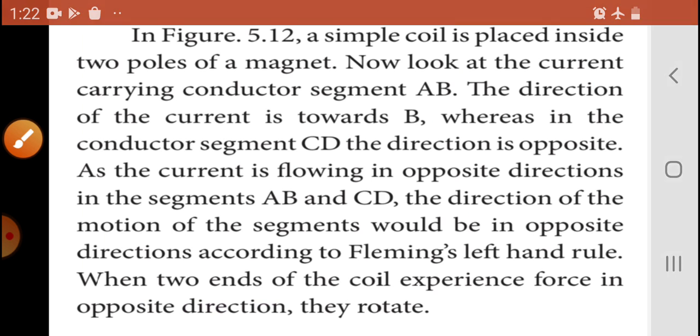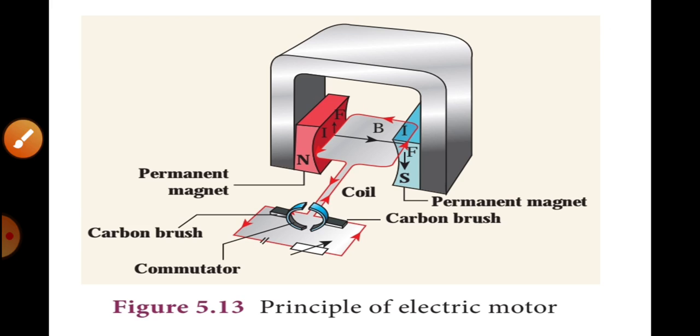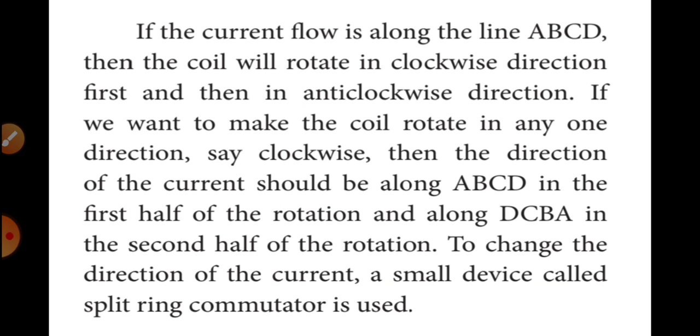So current along A, B, C, D in the first half of the rotation and along D, C, B, A in the second half of the rotation, then we can make the coil rotate in any one direction. Then another thing is a commutator to change the direction of current.